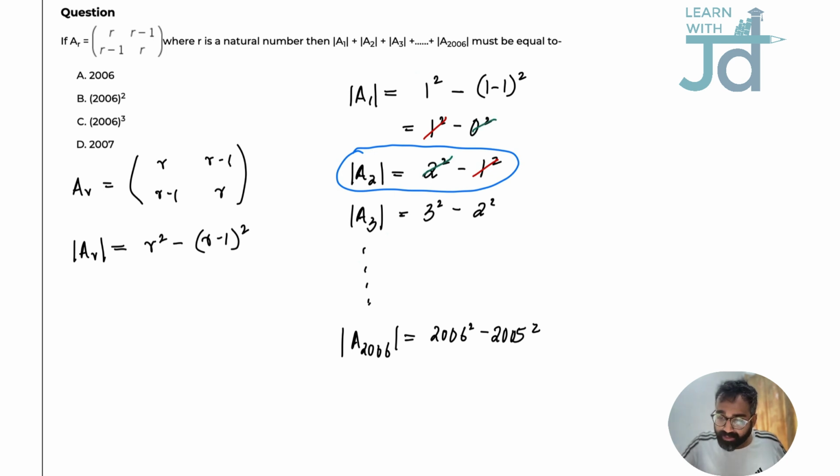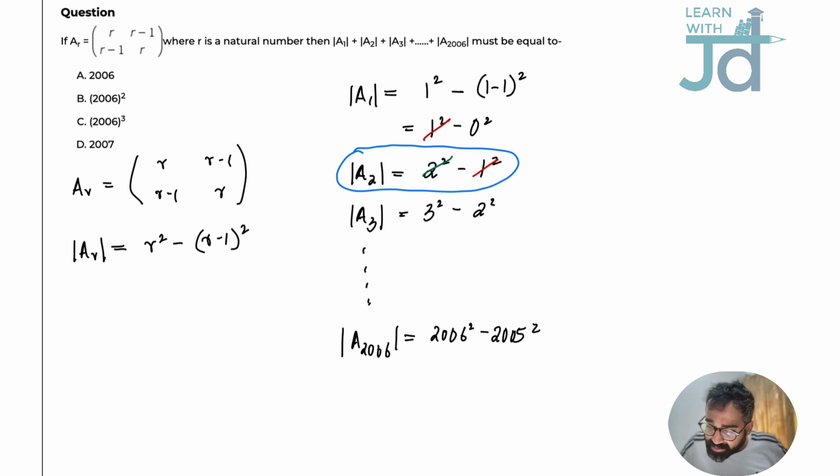Now understand, the left hand side of every element is cancelling with the previous term. If you observe, see, left hand side is cancelling with the previous term. Sorry, my bad. The right hand side is cancelling with the previous term.